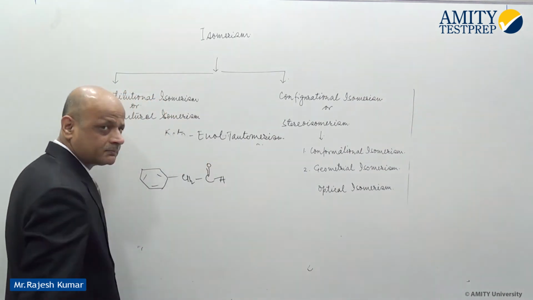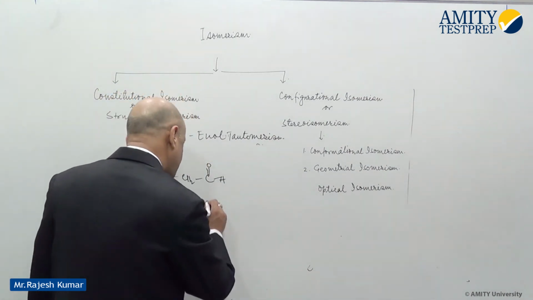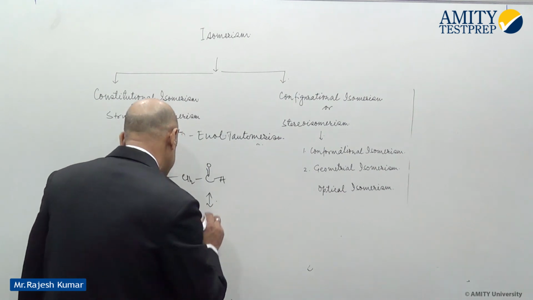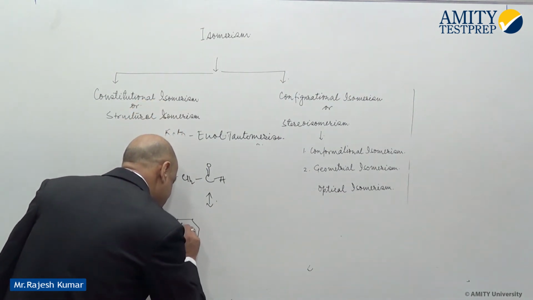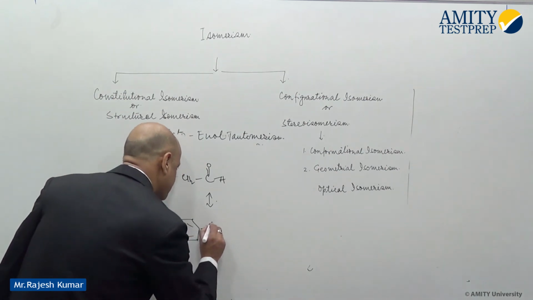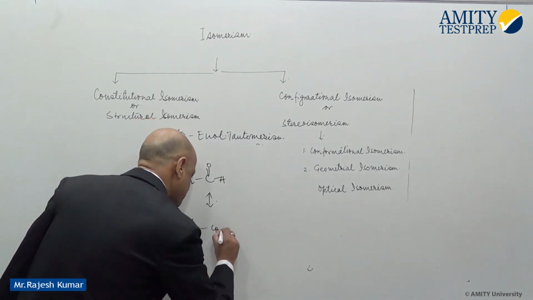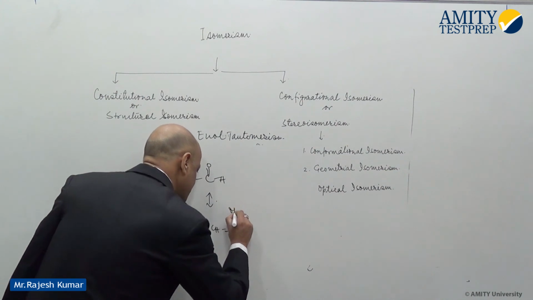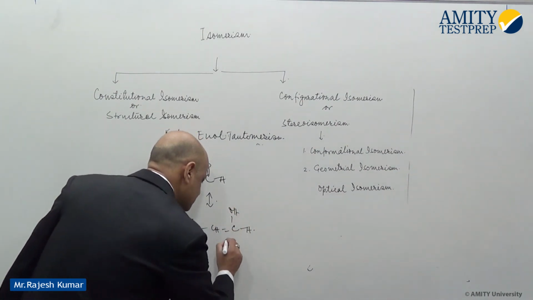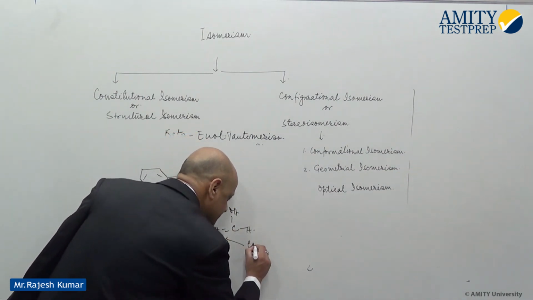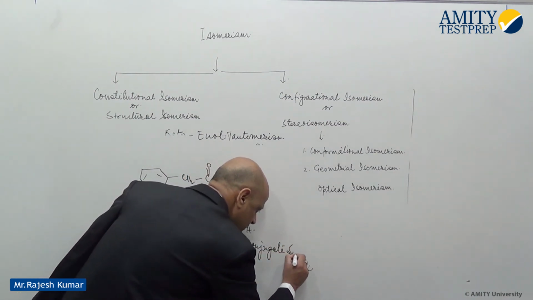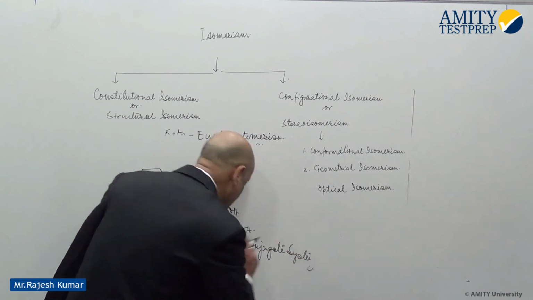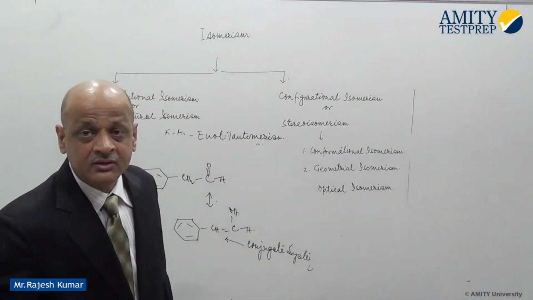It is keto form, but if it gets tautomerized into enol form, the conjugate system appears here. So due to the presence of conjugate system, enol form is said to be more stable than keto form.